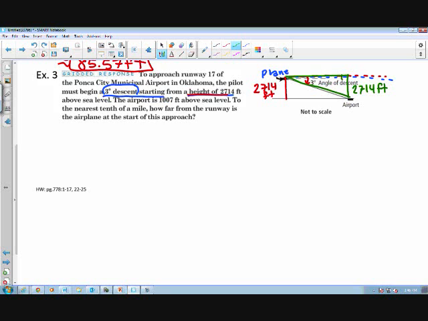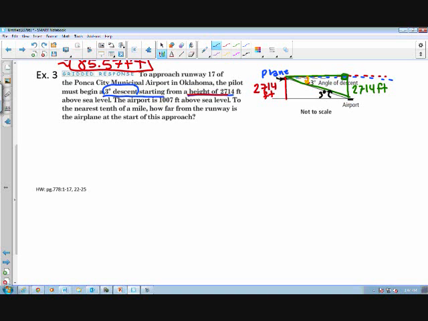I think I can, and then I'm going to do a right angle. Or you could have used the bottom triangle, because we talked about this at the beginning of the notes, that the angle of depression and the angle of elevation are both 3 degrees because they are alternate interior angles. So you can use either way.